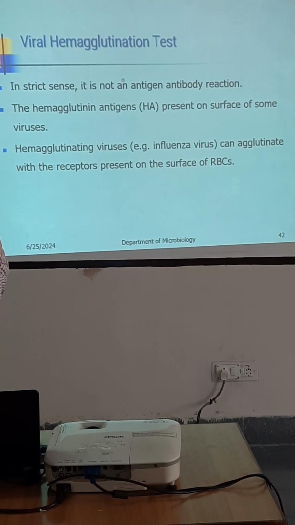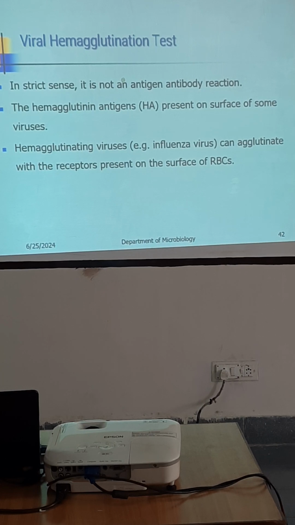Viral hemagglutination test, in the strict sense, is not an antigen-antibody reaction.